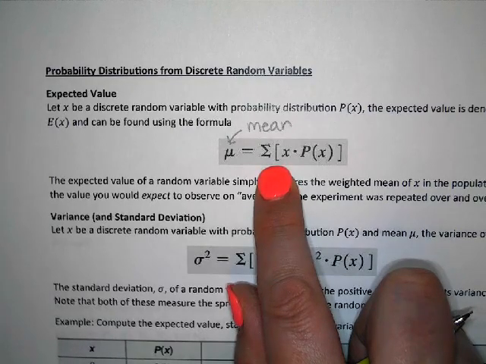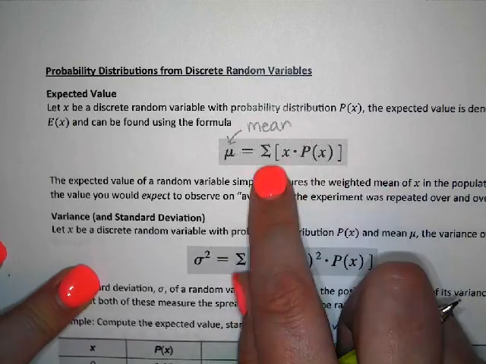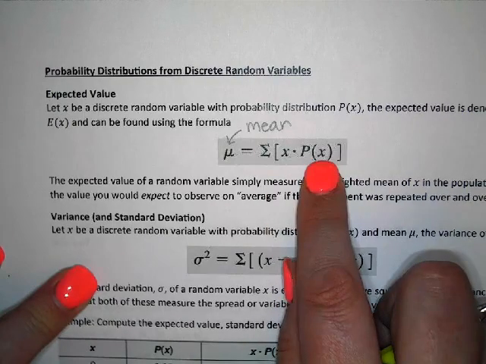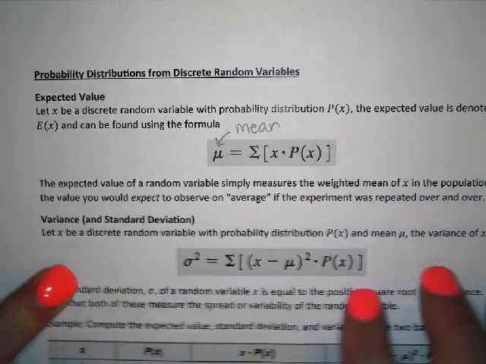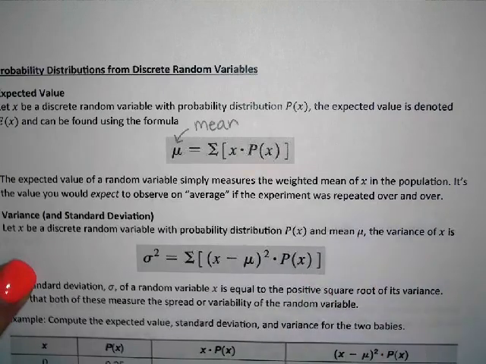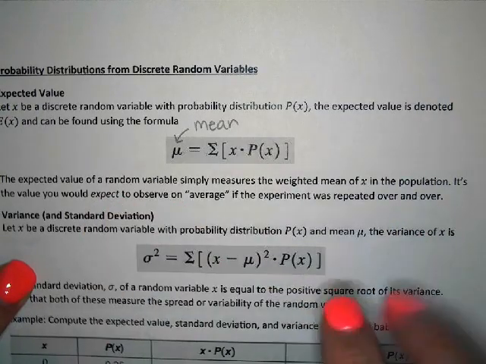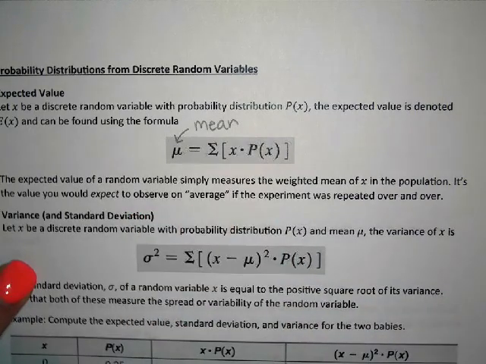But instead of doing that, to find the mean piece of data, or the measure of center, or an expected value is the wording we're using that could represent the data, we're going to take the summation of each individual data point multiplied by the probability that that data point shows up, which gives us a weighted mean instead of the calculated mean. So it's the value that you would expect to observe on average. I know we don't use average, but it's the value that you would expect to observe if the experiment was repeated over and over. That's what the expected value is.